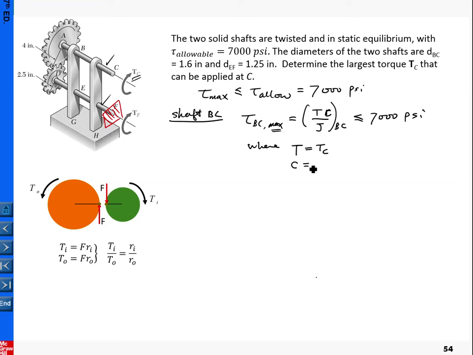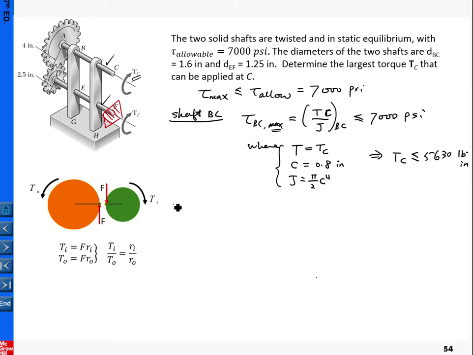The diameter of shaft BC is 0.6, so C is 0.8. And J equals pi over 2 C to the fourth power. We put everything in and calculate, and we should be able to determine that TC is less than or equal to 5630 pound-inch.